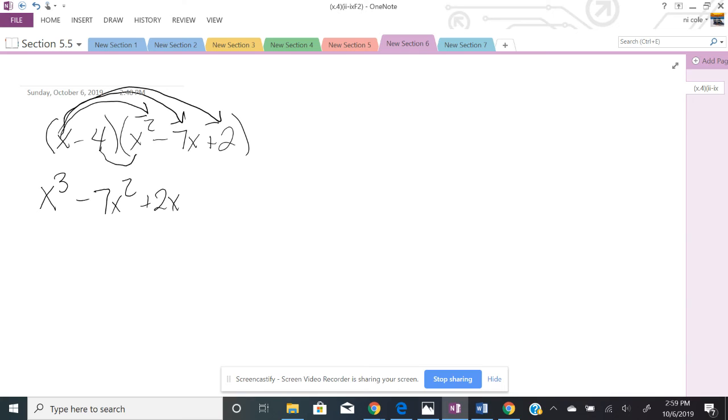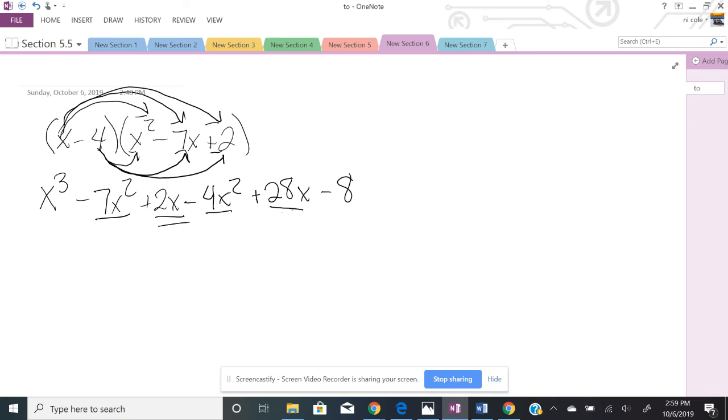Now I have the minus 4 times my x squared, which gives me minus 4x squared. Minus 4 times negative 7x gives me a plus 28x. And then I'd have minus 4 times 2, which gives me minus 8. Okay, that's all the hard work, but now we still have to combine like terms. So those are similar and those are similar.